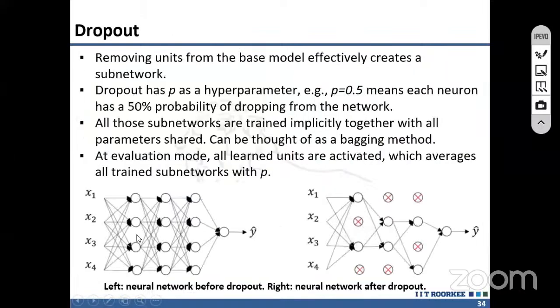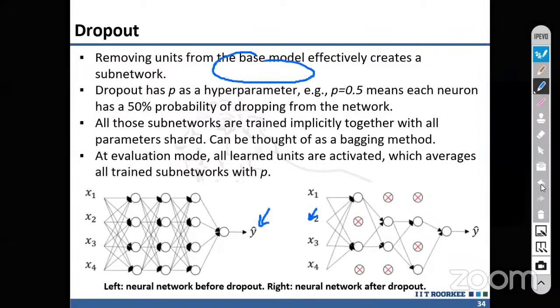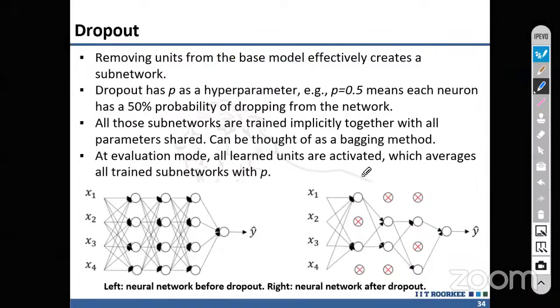Okay. Now we have the next term as dropout. This also can help you in avoiding overfitting. How? When we go for training, sometimes you see this model, you have these features, you have the neurons, and you get the accuracy.